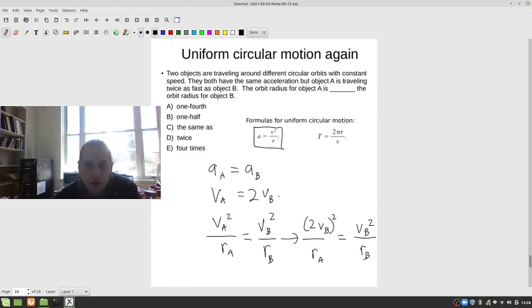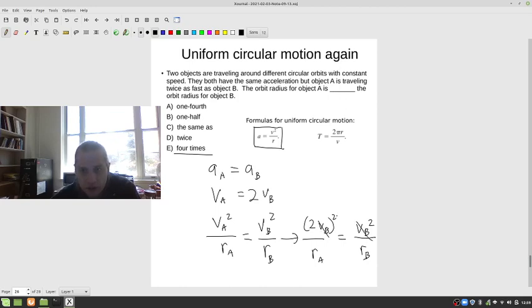Now, if you're clever, you can at this point see that if you have 4VB squared on the top, you would need a factor of 4RB to make those the same, so it's 4 times as big. But if you're not that clever, you can go ahead and multiply this out.